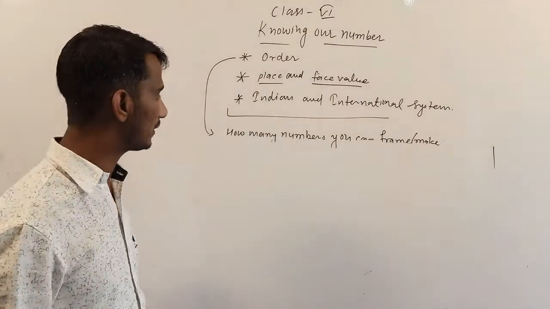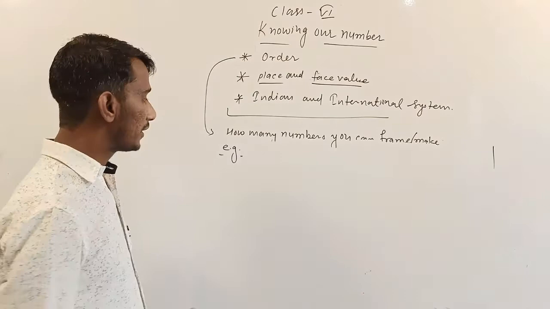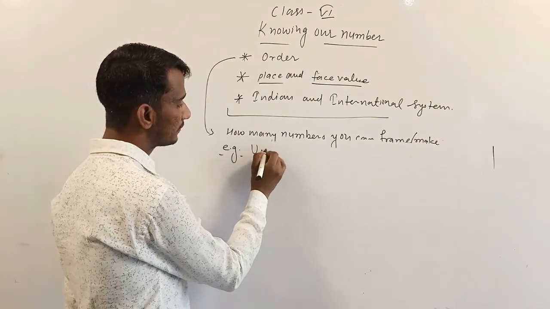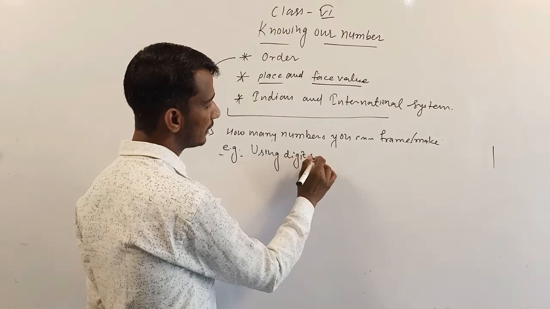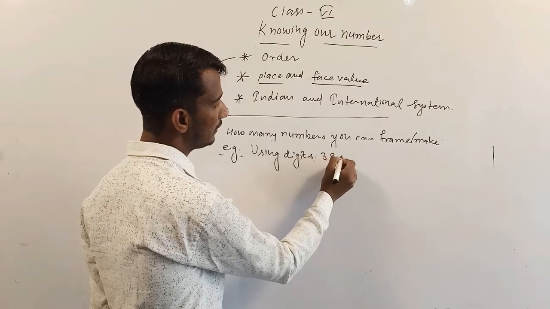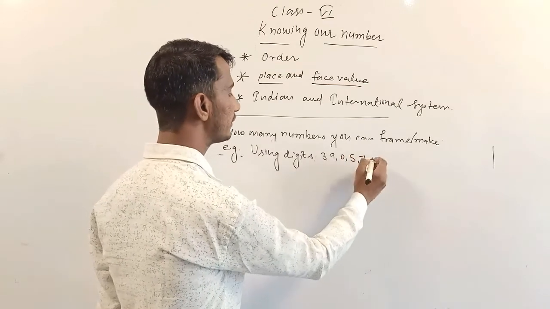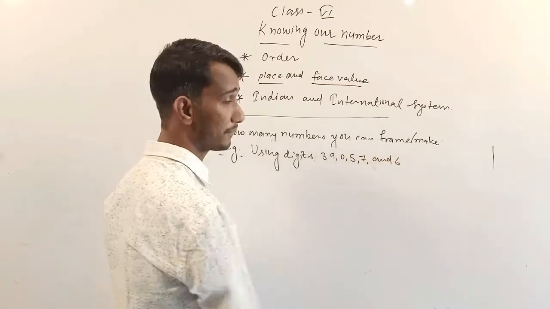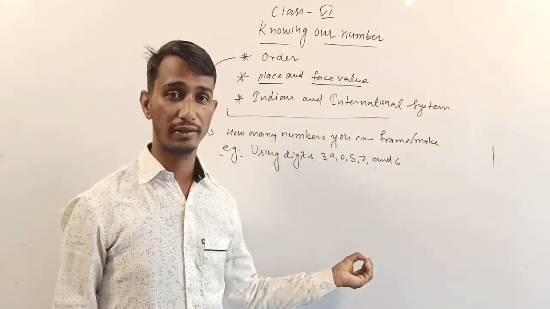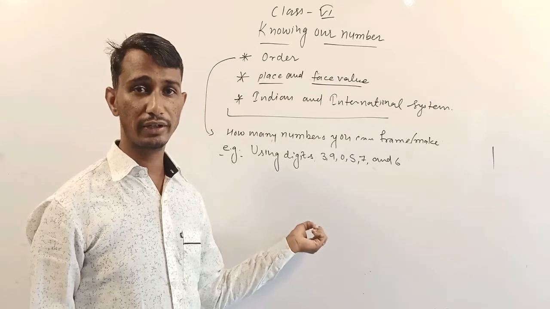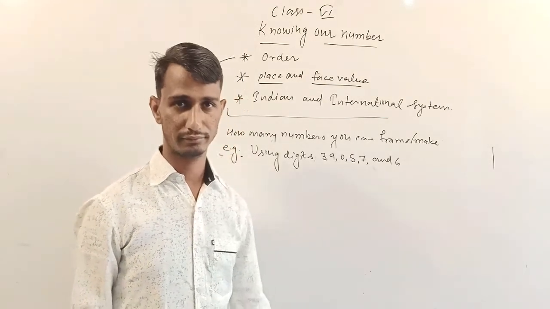I am now making another number. Using digits 3, 9, 0, 5, 7, and 6, make the smallest and greatest 6-digit number if you are allowed to repeat 2 digits 2 times.